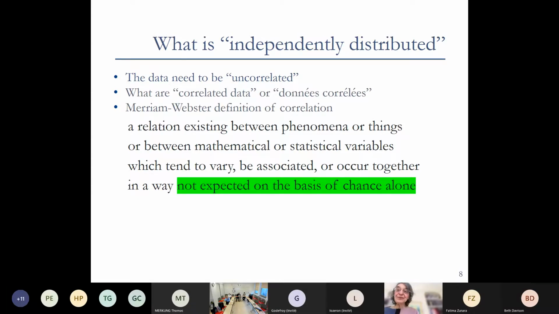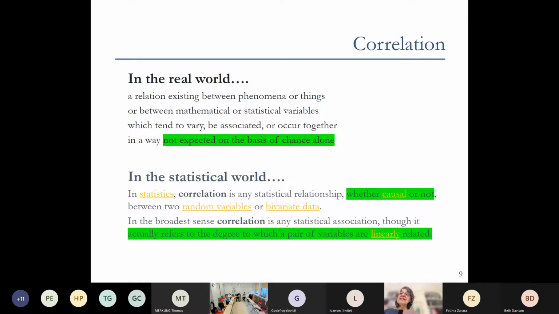Next slide. In the statistical world, it's defined a little more formally.